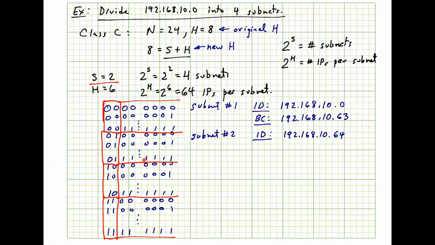And it goes all the way up to this number, which has 7 ones, but that's 1 less than a 1 with 7 zeros. This one down here is 128, and likewise the first address of the 4th subnet has 2 ones at the beginning. 128 plus 64 is 192. So it turns out it's easiest to, let's look at subnets 3 and 4 here.